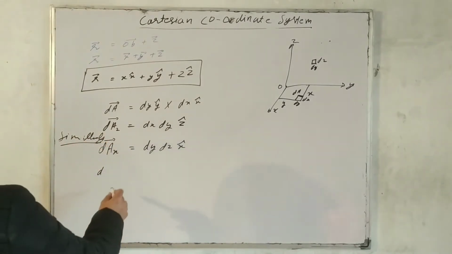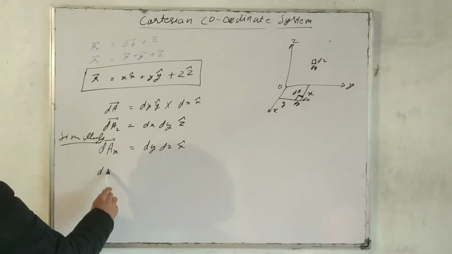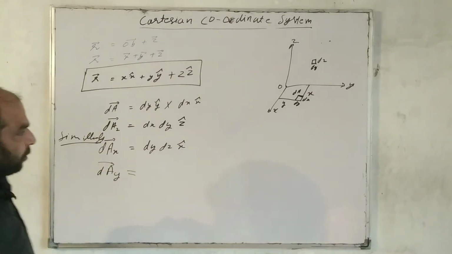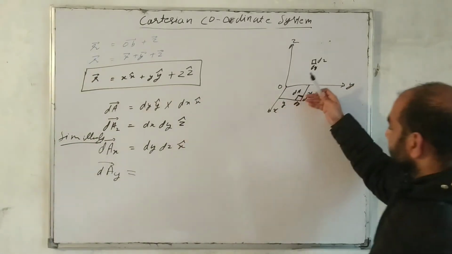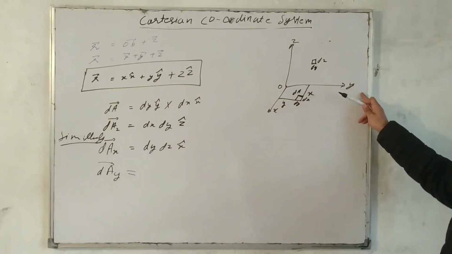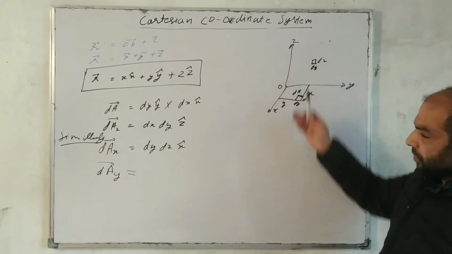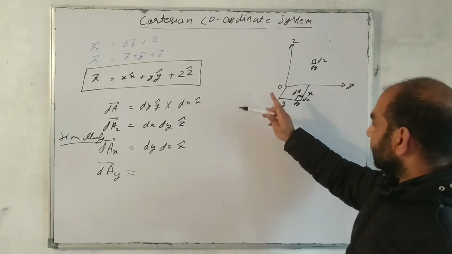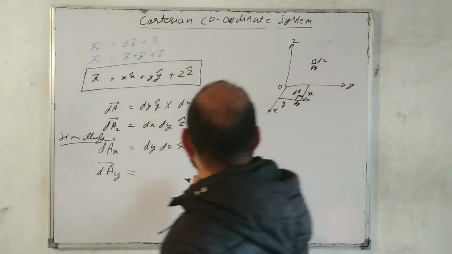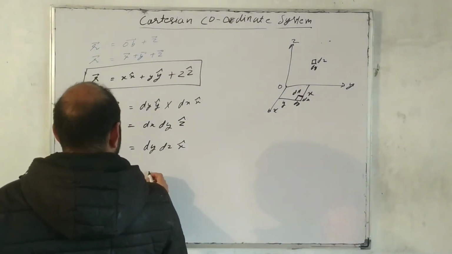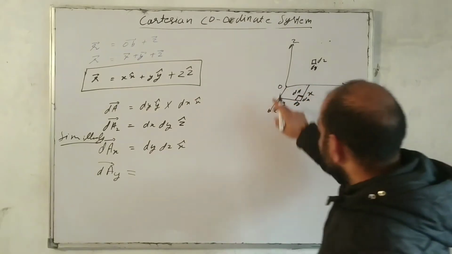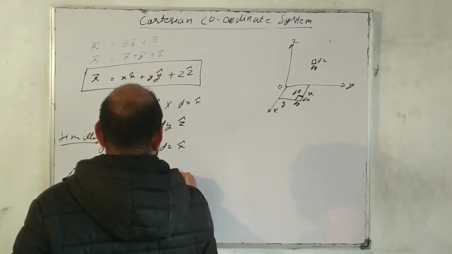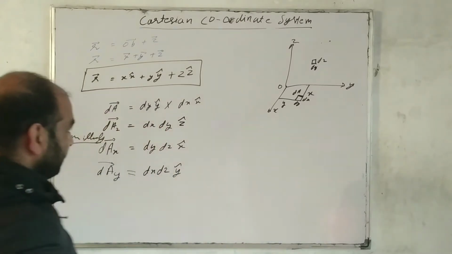Now the area element along the y direction. This is the y-axis, so it will be an infinitesimally small element of the z-axis and x-axis, so it will be dx dz along the y direction.